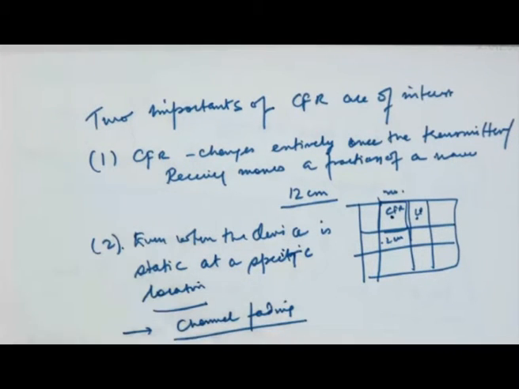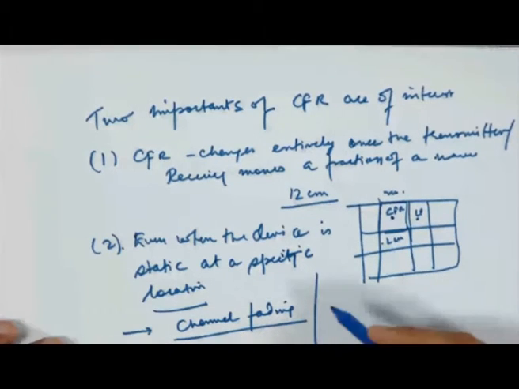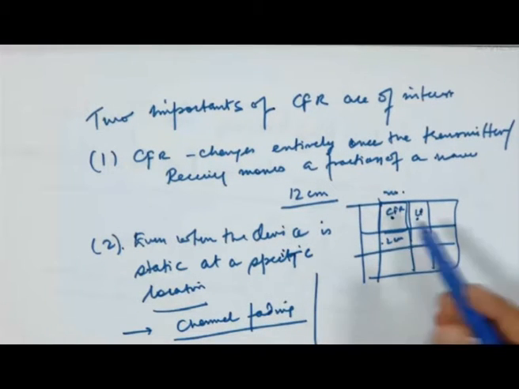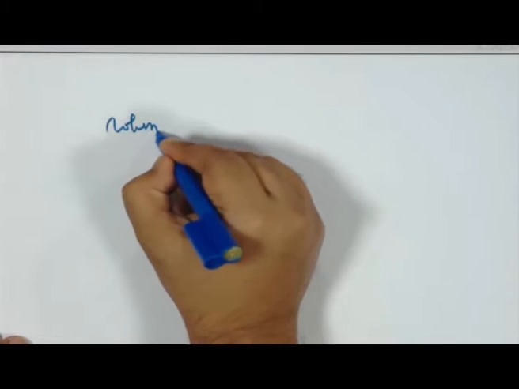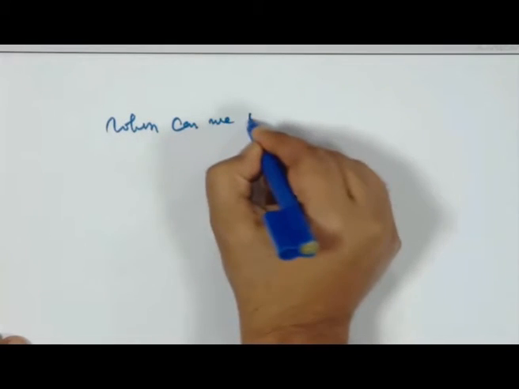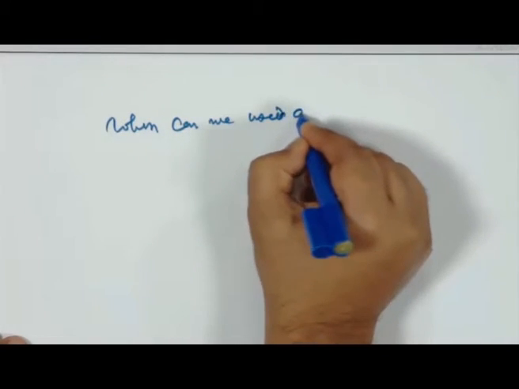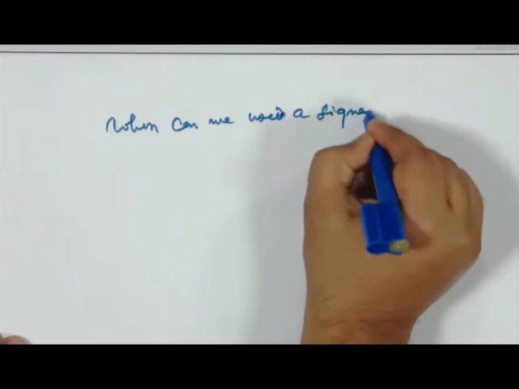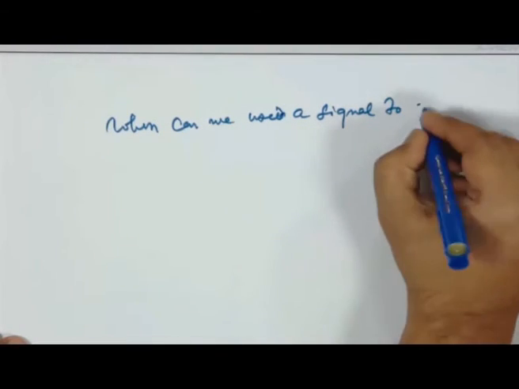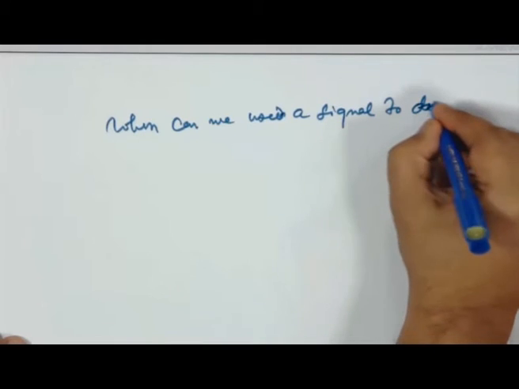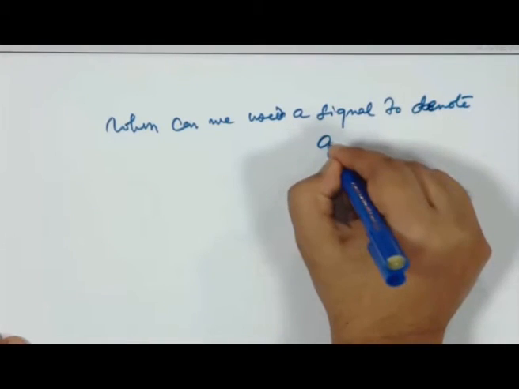So, if the signal at the same location becomes different, then even if it is different at different locations, we cannot use this. So, when can we use a signal to denote a location?